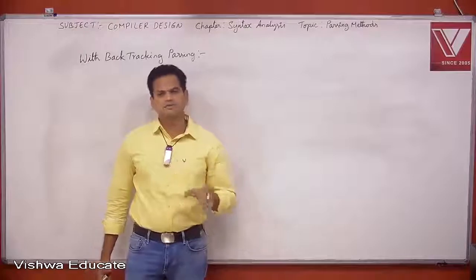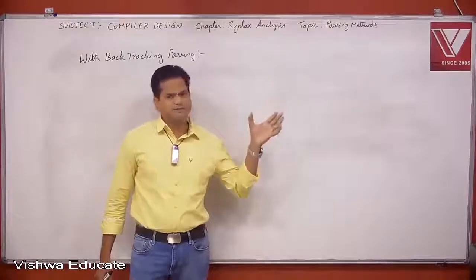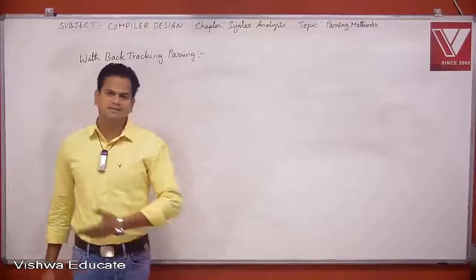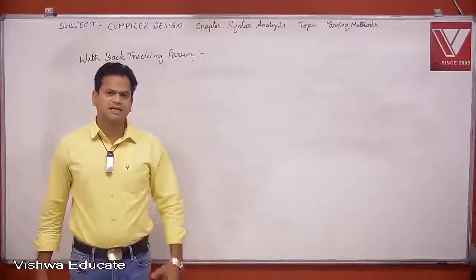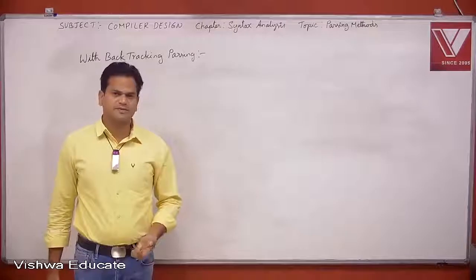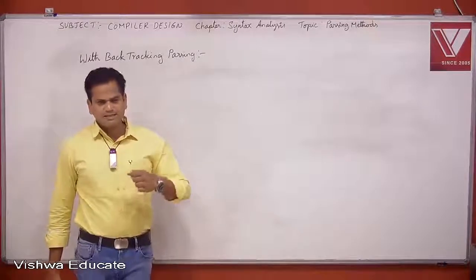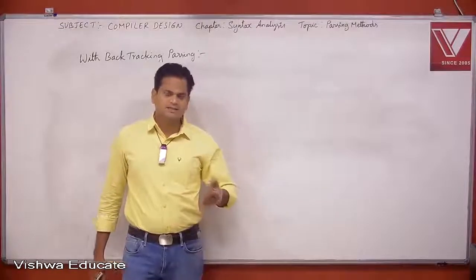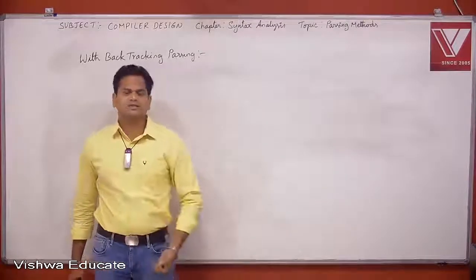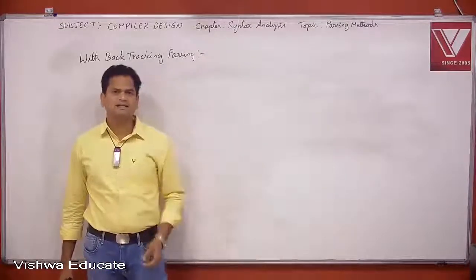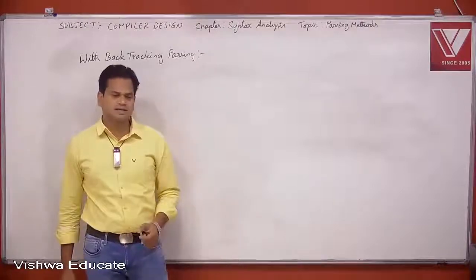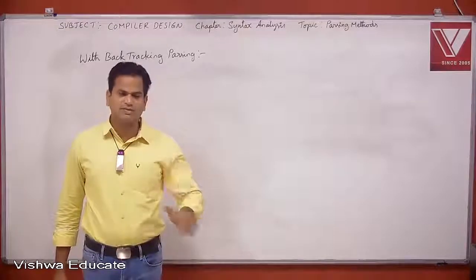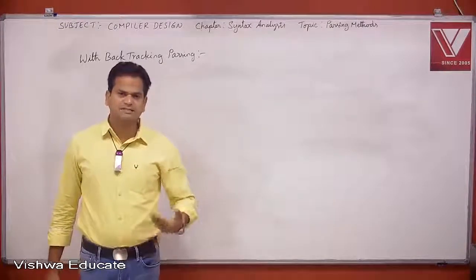Actually, there will be no rules. Whatever the given productions, by taking those productions, it tries different productions until it gets the required string. So I repeat, backtracking is a process of trying different productions until it gets the required string. In these trials there will be no rules. So whatever the available productions, it will try them randomly.